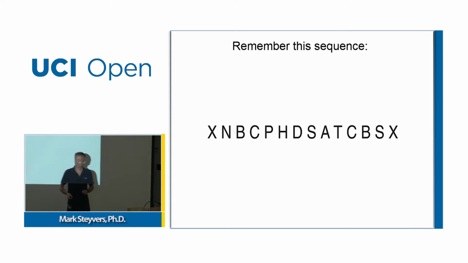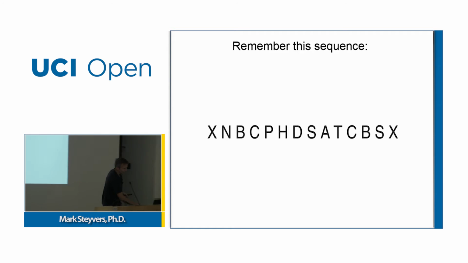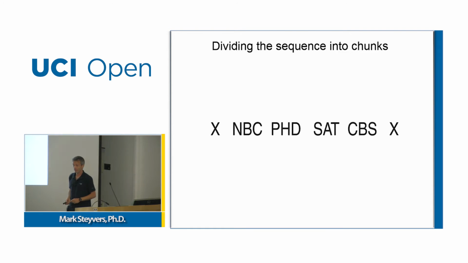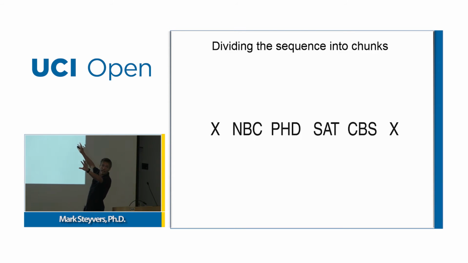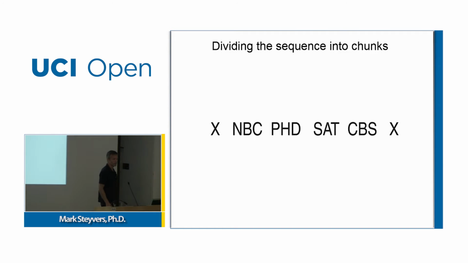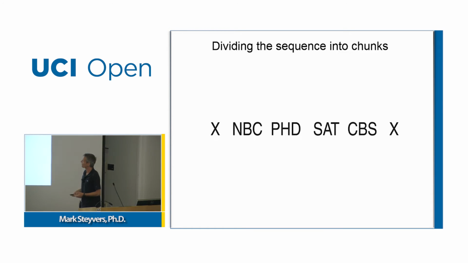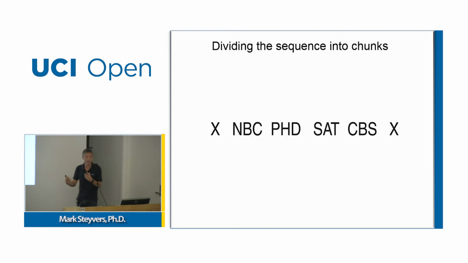So it's a little tricky because of the X. So this is your strategy, right? You separate the X, not quite clear what to do with the X, but the other ones, as you said, NBC, PhD, SAT, CBS. Those are all meaningful chunks. Yes. It's very impressive that you did that quickly. That is the way to circumvent your limitations of short-term memory. Group it very quickly in terms of meaningful units.